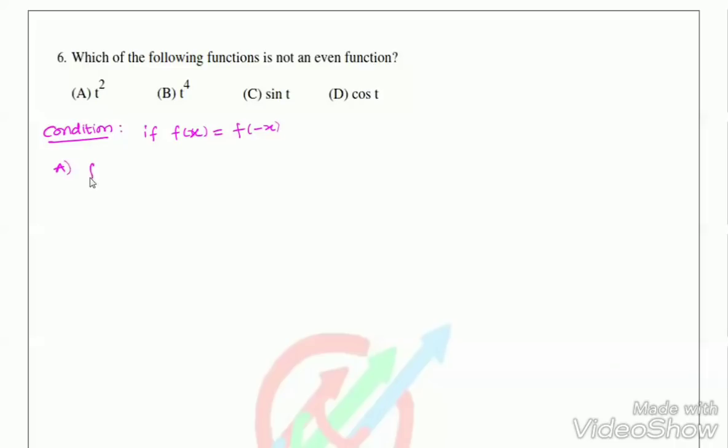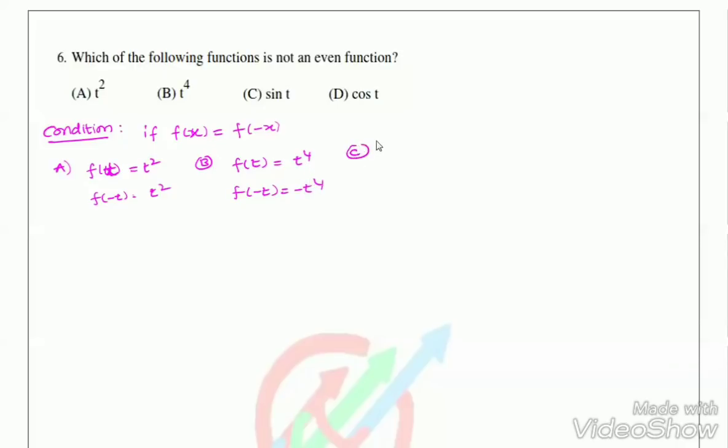So f of t is equal to t square. F of minus t also gives t square only. Similarly, second case, f of t is equal to t power 4. F of minus t is equal to t power 4 only.